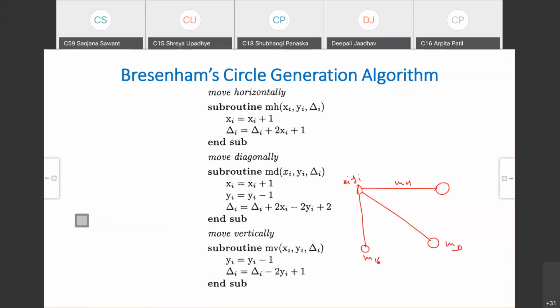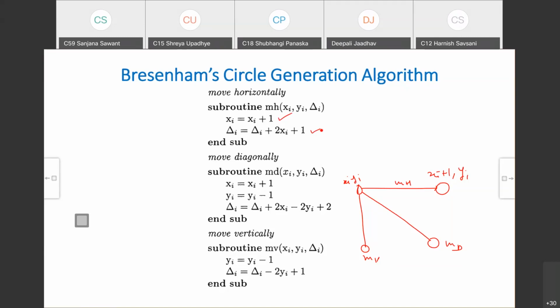When we move horizontally, only the value of x increases, y remains as it is. So here it only increases x by 1 and then we calculate the delta again, which we have already seen in the equations previously.